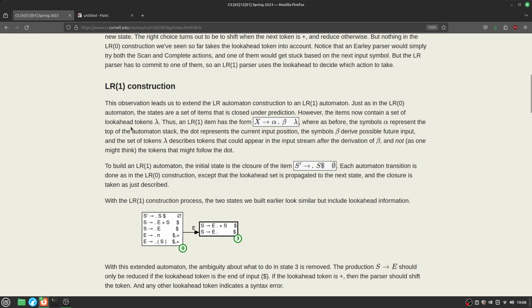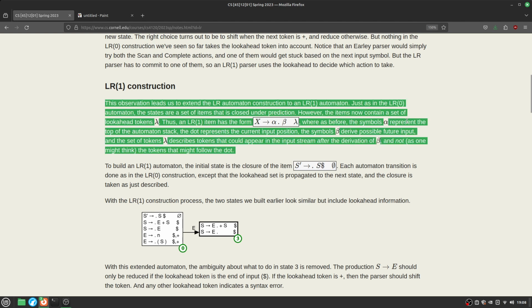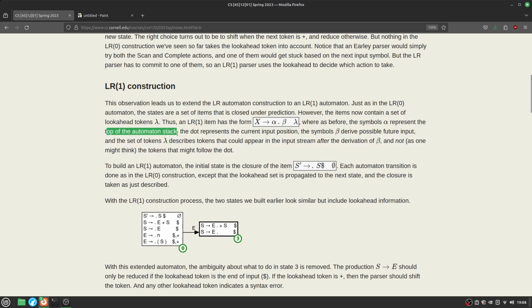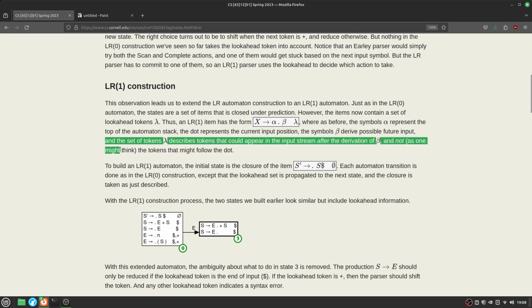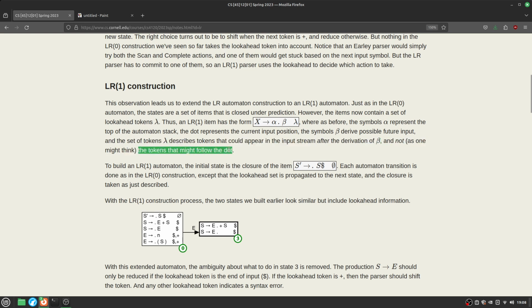So we have the look-ahead tokens off to the side. Whereas before, the symbols alpha represent the top of the automaton stack, the dot represents the current input position, the symbols beta derive possible future input, and the set of tokens lambda describes tokens that could appear in the input stream after the derivation of beta, and not, as one might think, the tokens that might follow the dot.